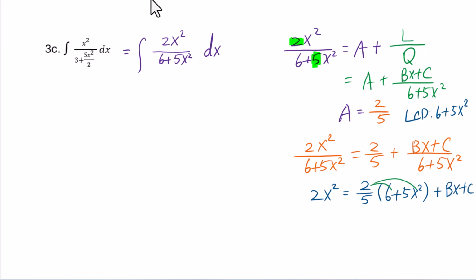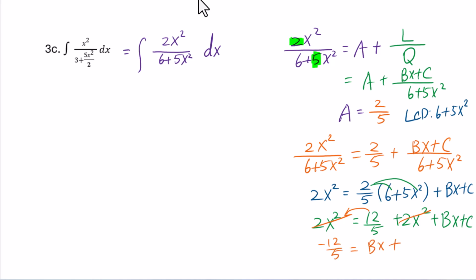Distributive property: 2x squared equals 12 over 5 plus 2x squared plus bx plus c. Combine like terms, move constant to the left side. Negative 12 over 5 equals bx plus c.